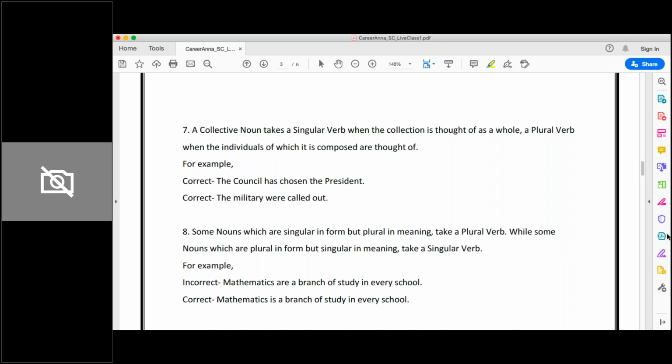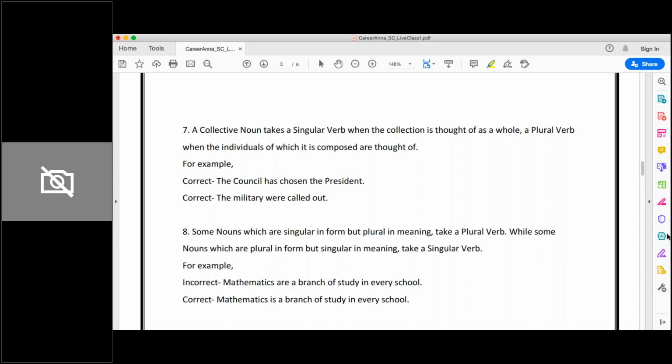In one sentence, if I say military and if I say military of India, the sense, the semantics and the essence of the word changes. You also need to understand the context of the sentence. Remember, any sentence correction rule cannot be applied as a blanket. You need to understand the context also.